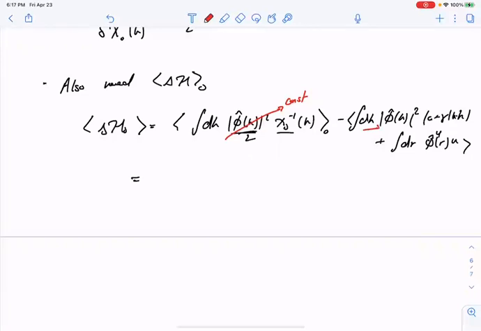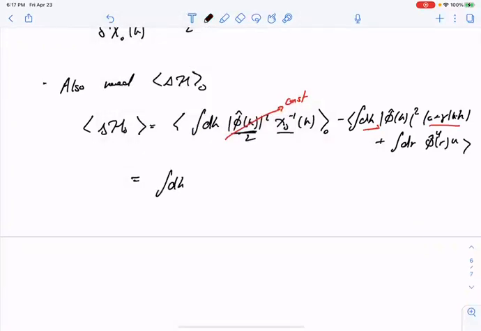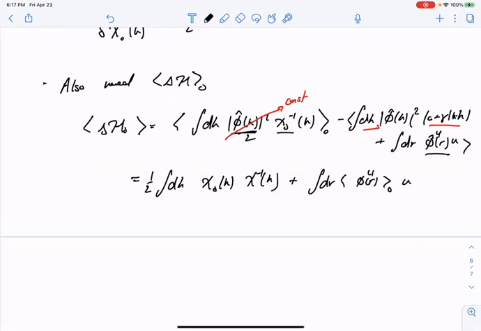Here, we'll bring the average inside. That'll give us a chi naught. This is chi for the full system, so that's easy to write down. That's the quadratic piece over 2. This fourth order piece is a little bit more tricky. We have phi to the 4 averaged in the Gaussian system times u.